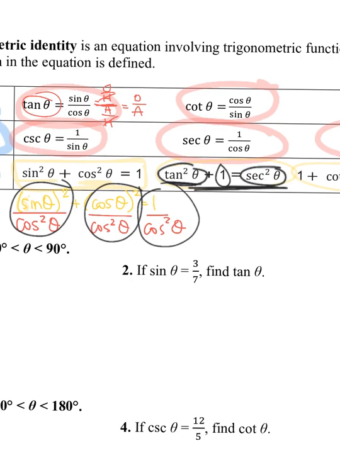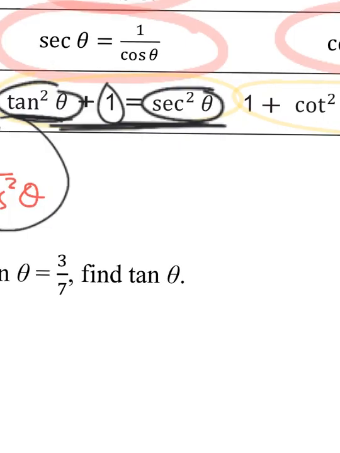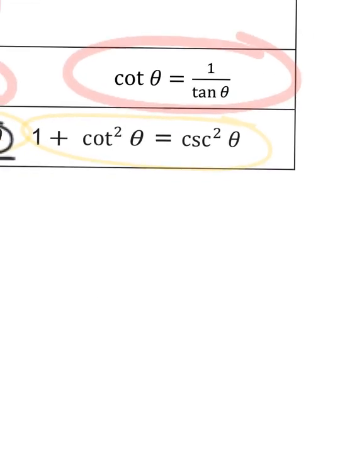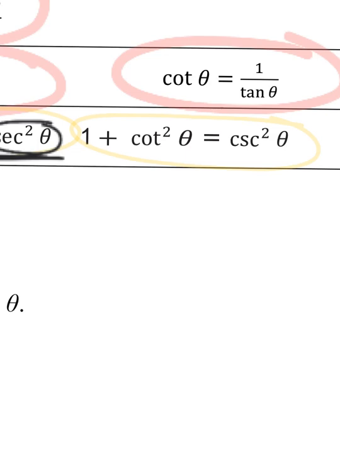And you could do the same thing for our third one. So let me show you that one real quick. If I just forgot, and I don't exactly remember which trig function is in this Pythagorean identity, I can go off the first one.